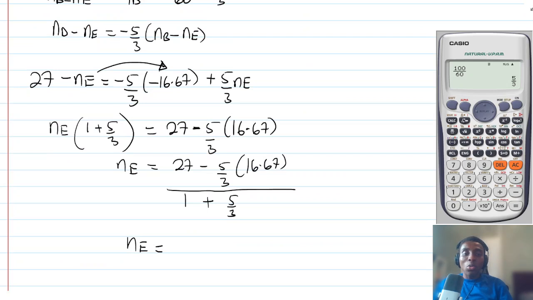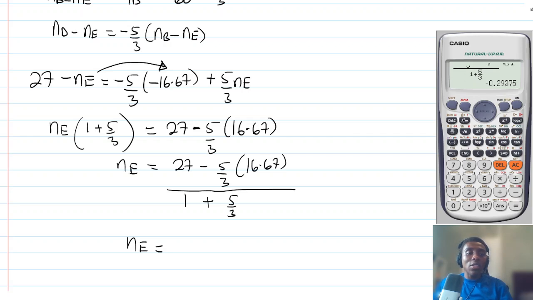If you pick your calculator, it's going to be 27 minus 5 on 3 into 16.67, divided by 1 plus 5 on 3.